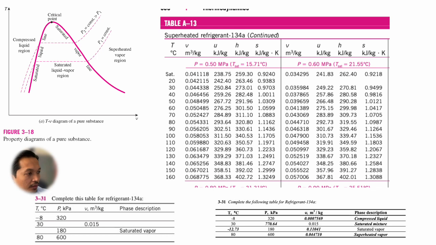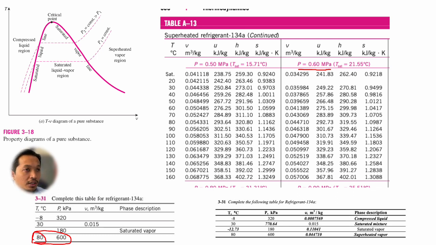Okay. For the fourth row, we're given temperature and pressure, but this time around, as opposed to the previous example, at 80 degrees C and 600 kilopascal, the saturation temperature for 0.6 megapascal or 600 kilopascal is 21.55 degrees C. So it means that the temperature is much higher than that.